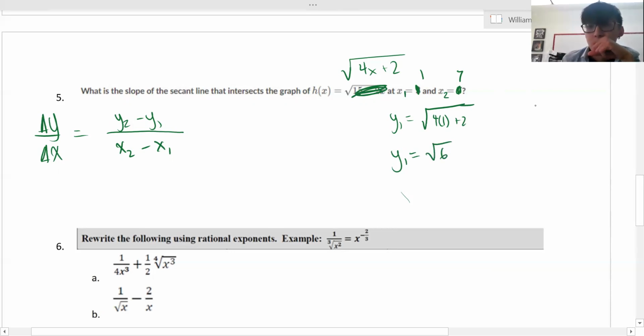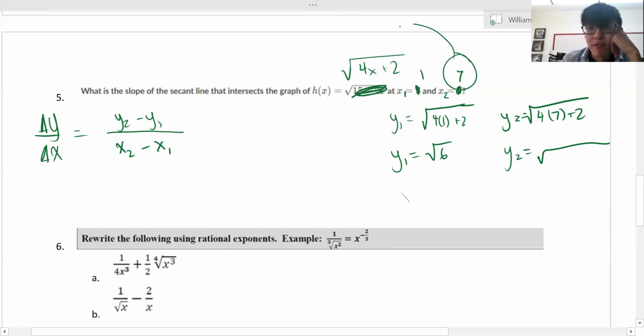Let's look at my y2. y2 happens when I plug in the square root of 4 times 7 plus 2, because I plug in my x2 this time. So I'm plugging in my x values to get my y values. I plugged in 7. Now, if I simplify that a bit, 4 times 7 is 28, plus 2 is 30, so it's going to be the square root of 30.